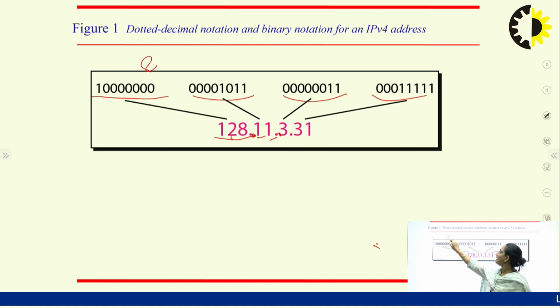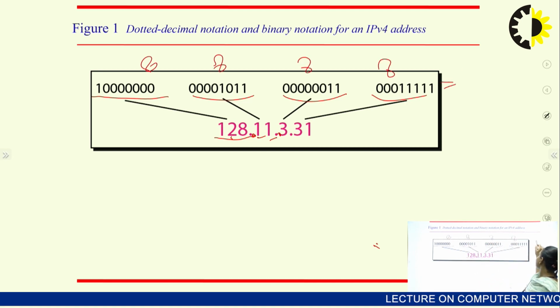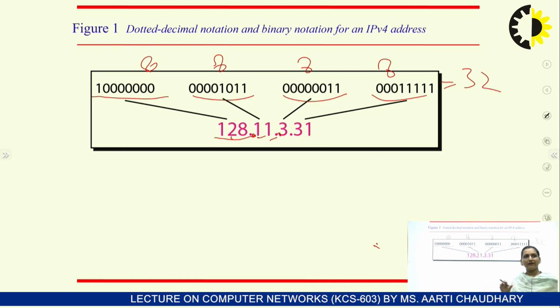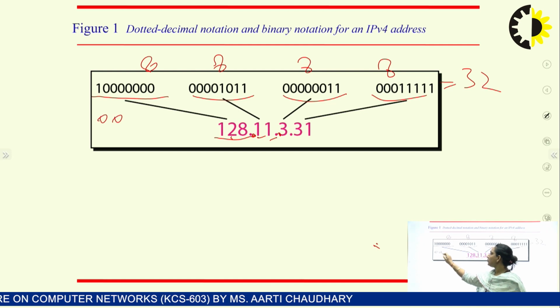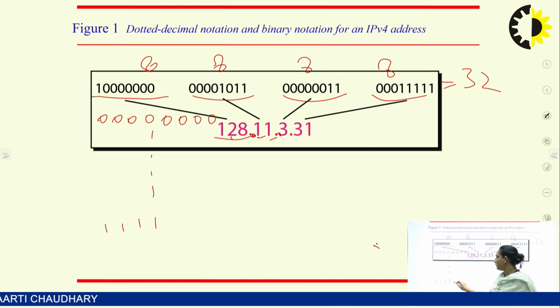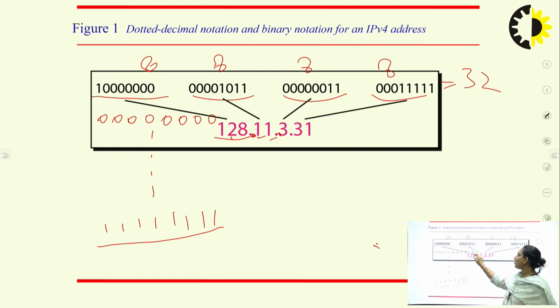So 8, 8, 8 and 8 gives 32 bits in total. Each is an octet. Each octet goes from 00000000 to 11111111, that is, from 0 to 255.